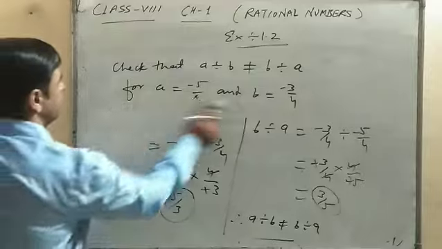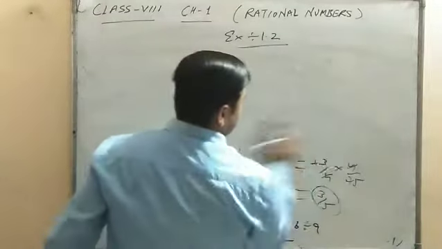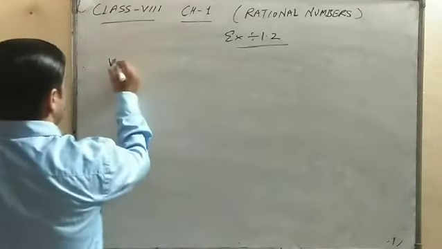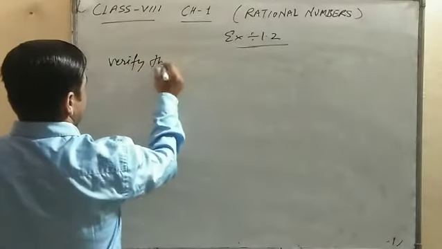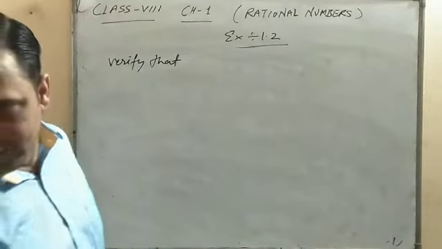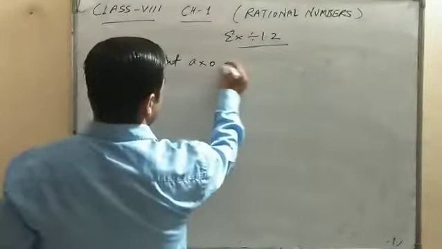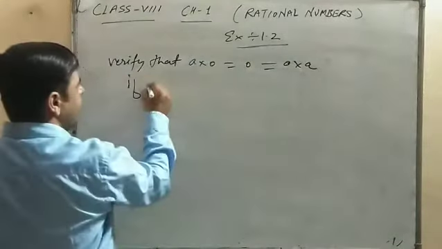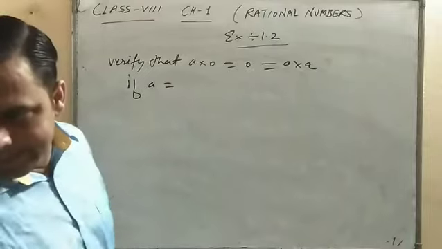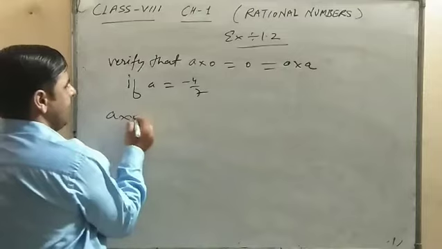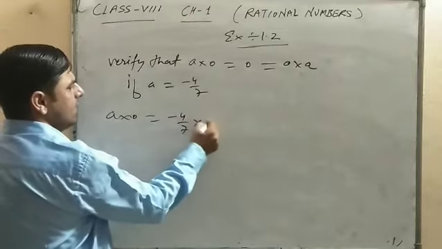Okay, next one is, verify that A cross 0 is equal to 0 cross A, if A is equal to minus 4 by 7. Very easy. You know very well A into 0, that means minus 4 by 7 into 0.